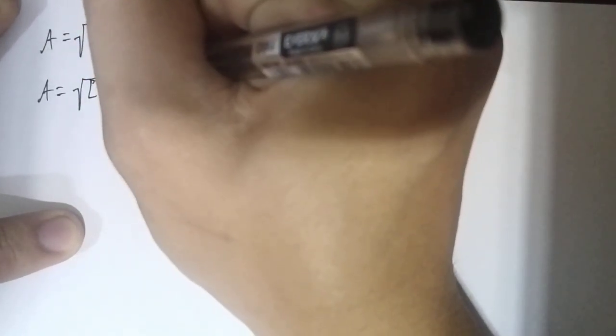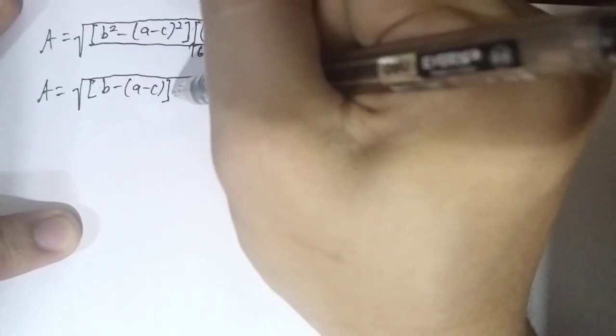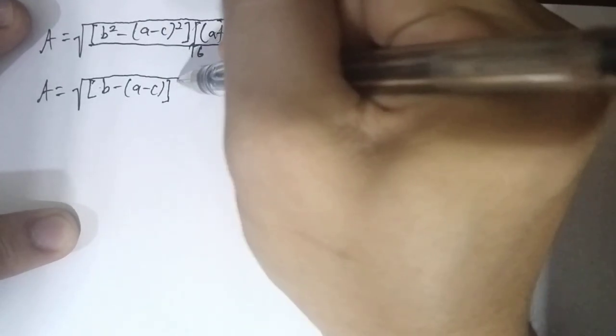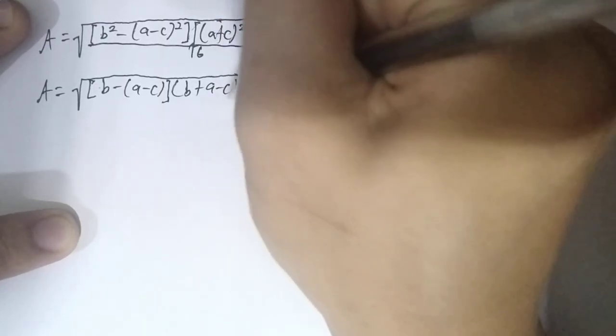We can rewrite this as A is equal to the square root of this. We could rewrite this as quantity b minus quantity a minus c, closed, again, correct, multiplied by quantity b plus, right, plus a minus c.